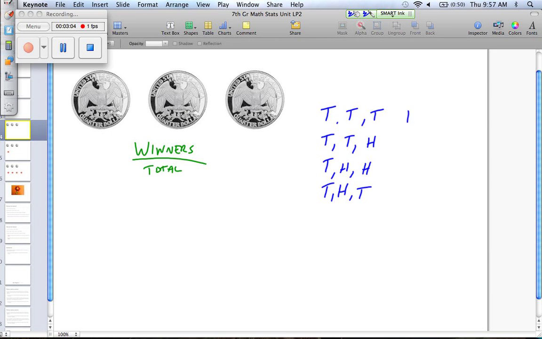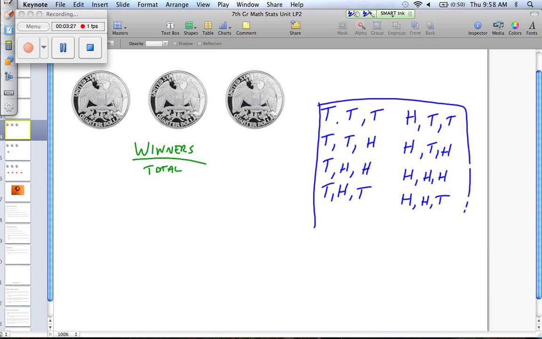I could also do heads on the first one, and then do 2 tails, or heads, tails, heads, or 3 heads in a row. These are all the possible options. This is my sample space of flipping that quarter 3 times. Those are all the different options or possibilities of what could happen.